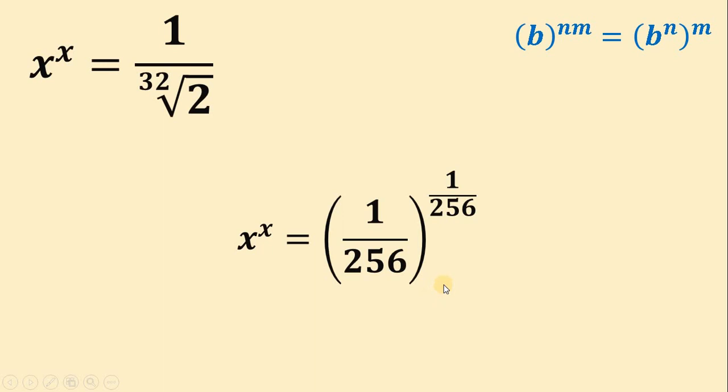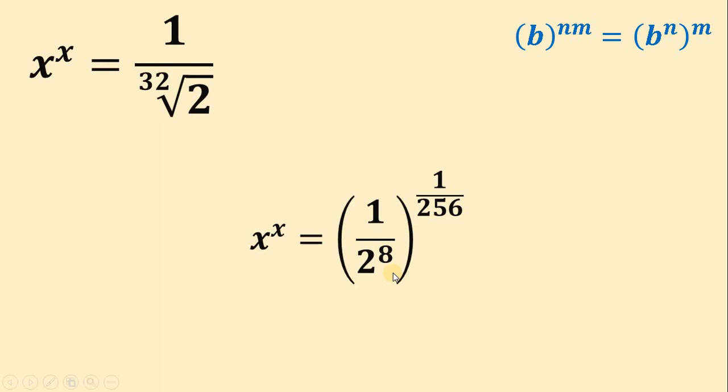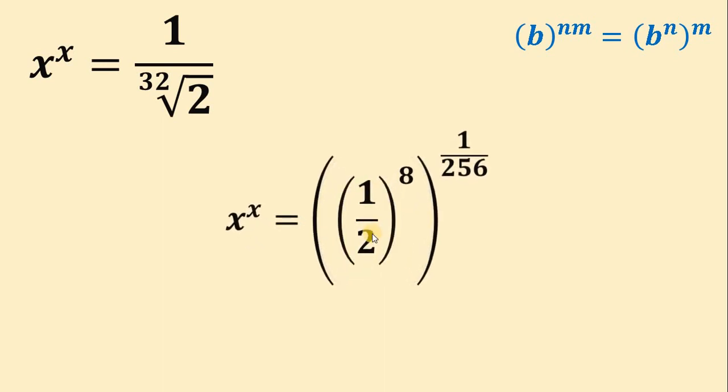This is just a check to see if our answer is correct. Okay, let's continue. Now, 256, take note that this is equivalent to 2 raised to 8. And now, 1 over 2 raised to 8 can be written as 1 over 2 raised to the power of 8. Now, using this identity, if we have b raised to n, raised to the power of m, this can be written as b raised to n times m.